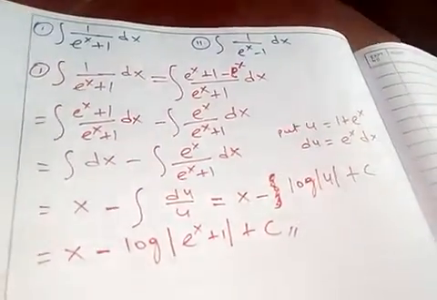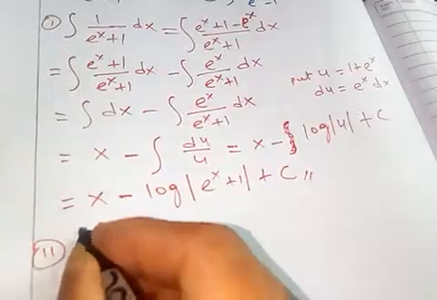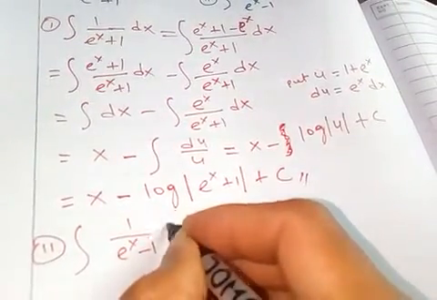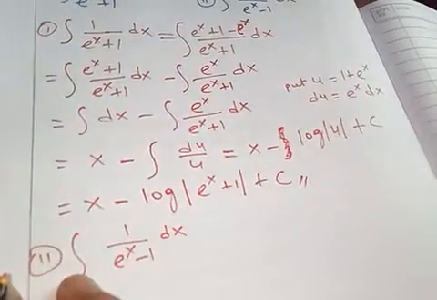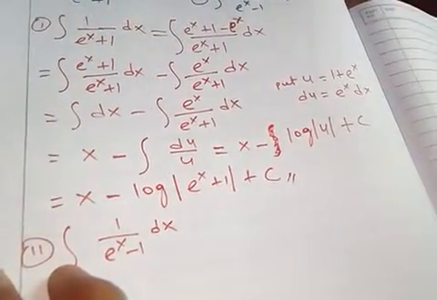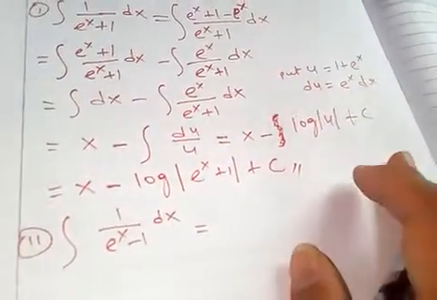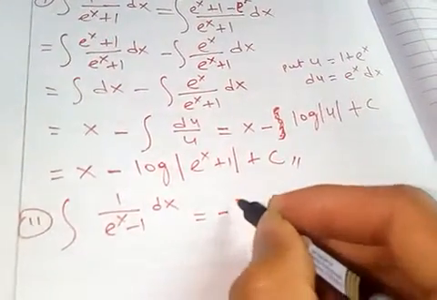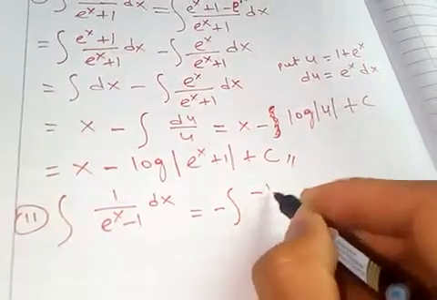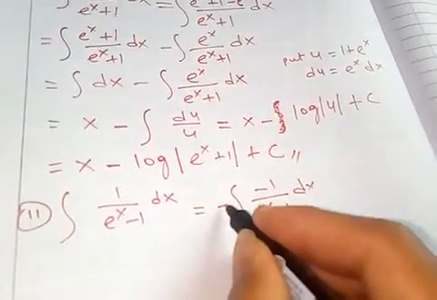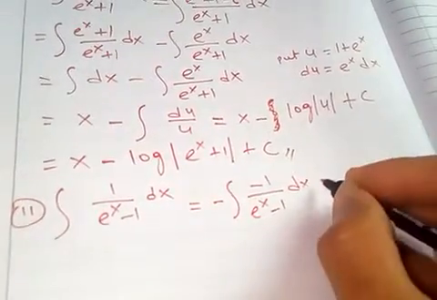Now for the second one, the integral of 1 over e to the x minus 1 dx. This one I can simplify as minus of minus 1 over e to the x minus 1 dx, because minus minus is plus.